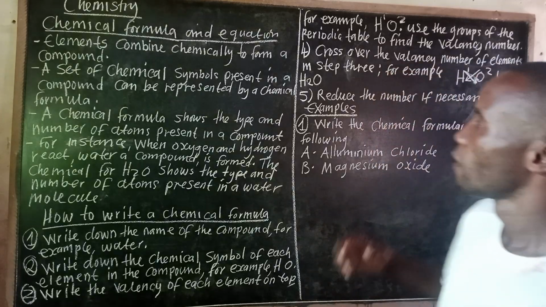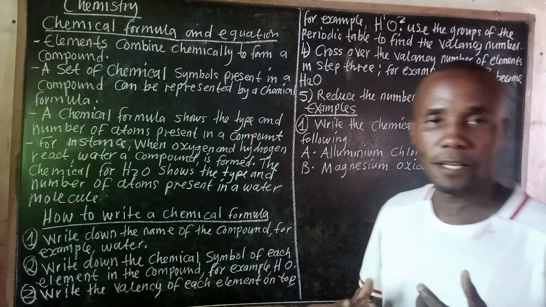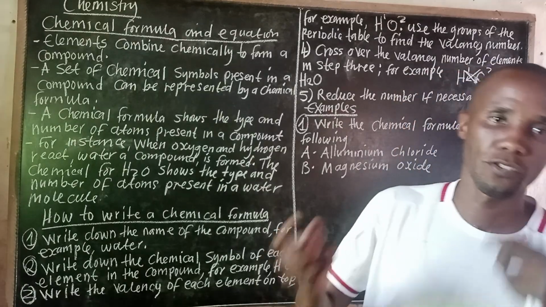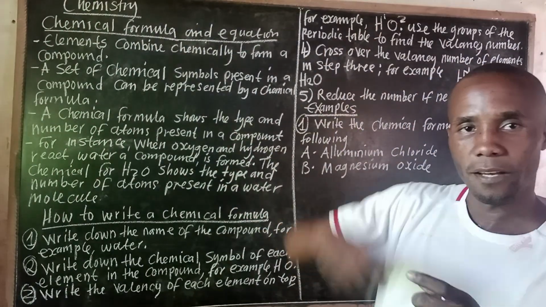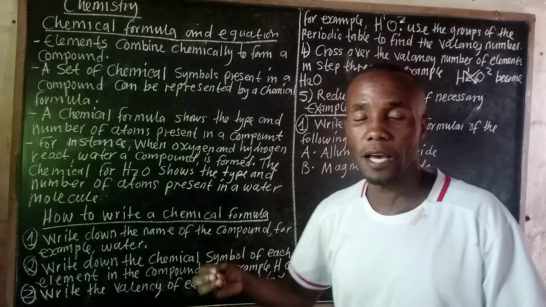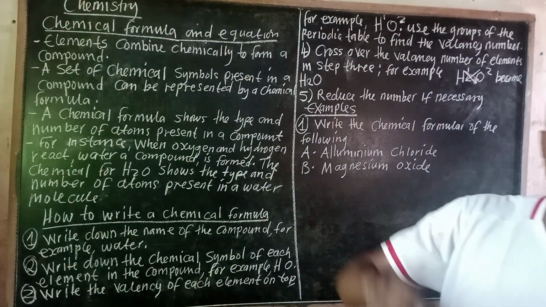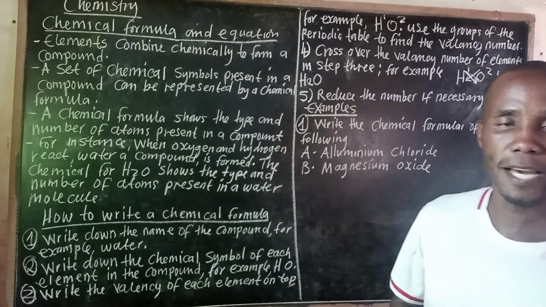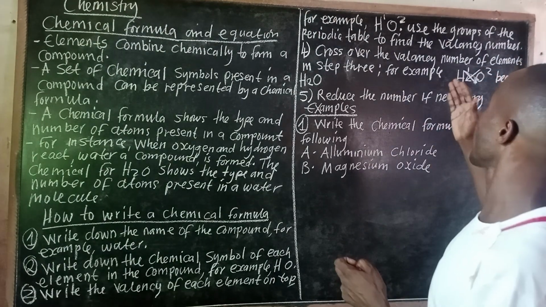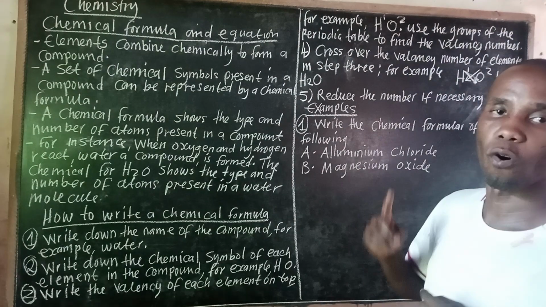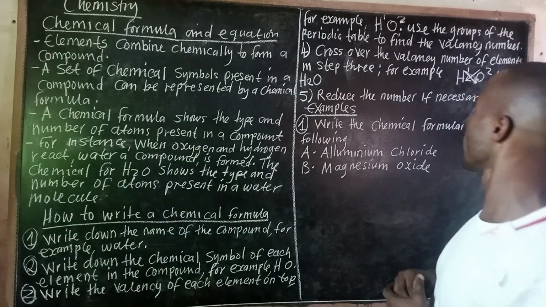So now, for it to be stable, it has to gain 2 electrons. So that 2 is the one that you are going to write as the valence. So the valence for oxygen is 2. So you are going to write 2 this side. Then you also write this side 1. So 2 for oxygen, 1 for hydrogen.